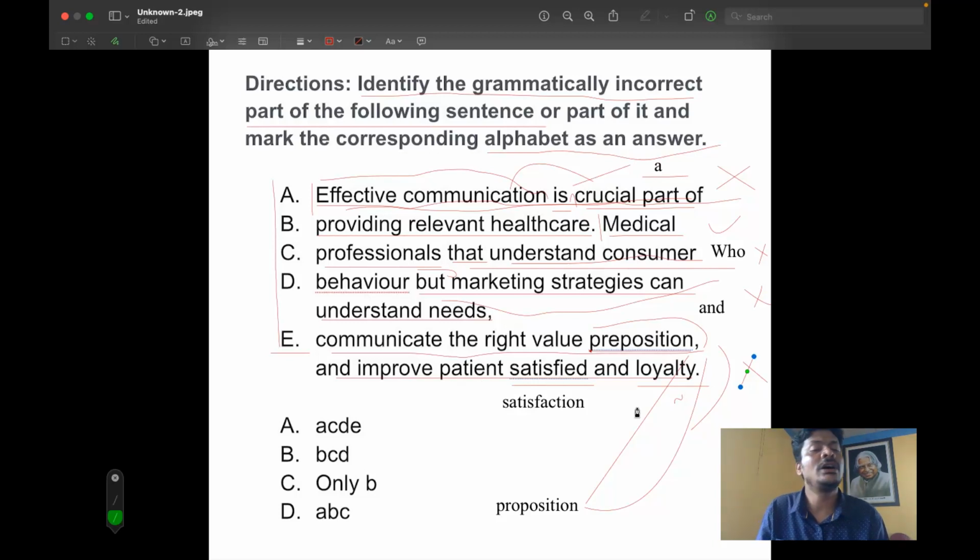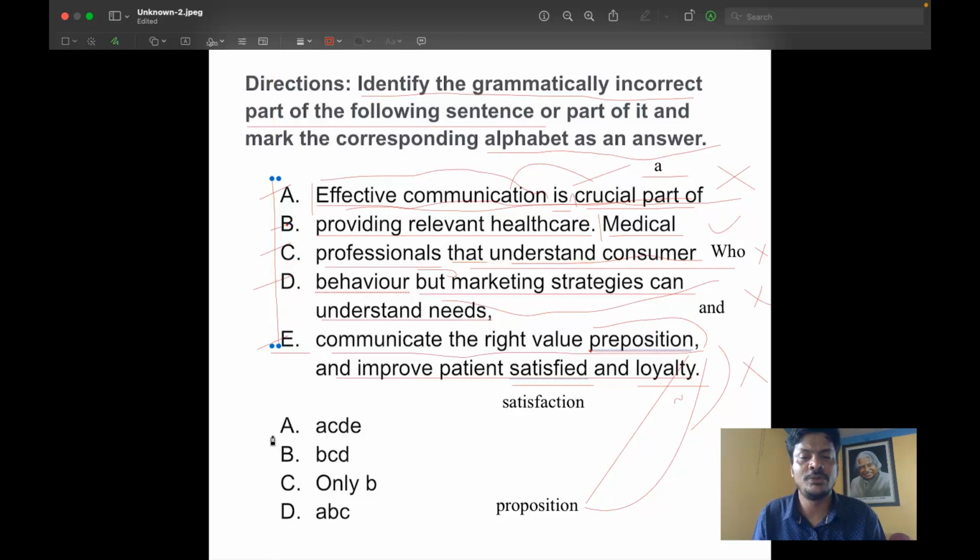So this would be considered the correct answer. What are the grammatical errors we find? Option A, B is a correct one, C, D, and E. So A, C, D, E would be the incorrect sentences, and B would be the correct one.